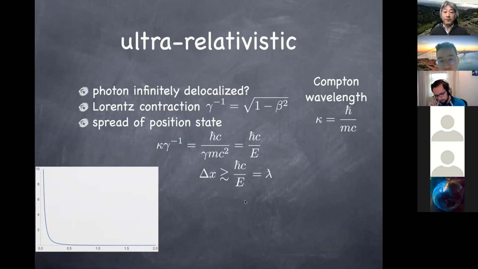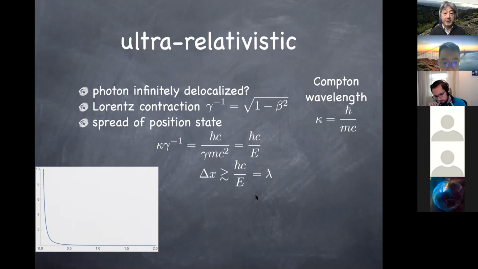If you think of the photon as an electromagnetic wave, then you know from classical wave mechanics that the wave cannot be localized more than its wavelength. That's all there is. That's what this condition is saying at the end of the day. If you have a wave of wavelength lambda, you cannot make it localized in a space which is smaller than its wavelength.